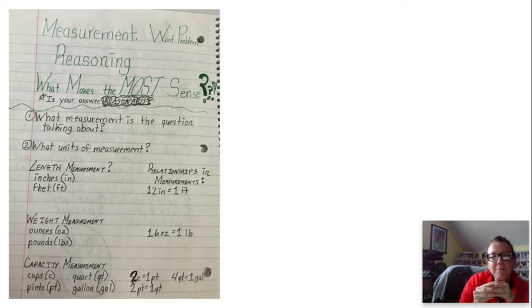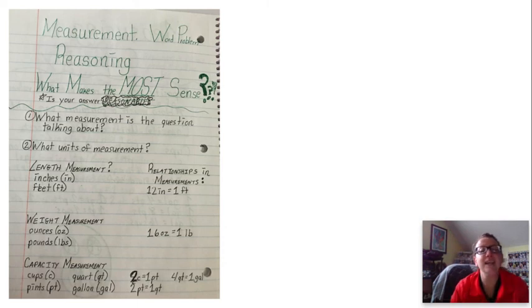What kind of measurement would that be? Yes, length. Or is the question asking you for how heavy something is or how light, or comparing? If I have 15 ounces of sugar and I need 1 pound of sugar, do I have enough? No, because 16 ounces equals 1 pound. So if I only have 15 ounces, then I don't have enough.